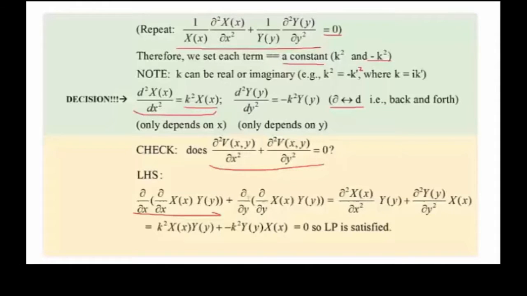When you take that and finish the operation, you end up with this equation here where you have the second derivative of X with respect to x squared times Y, and then the inverse Y and X in these positions. Well, we can use the fact that this quantity here is k squared times capital X, and the other term is minus k squared times Y, and so you'll have XY equals 0. You can cancel those. You're left with k squared minus k squared equals 0. So Laplace's equation is satisfied.